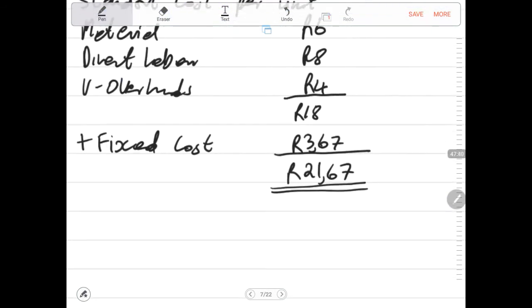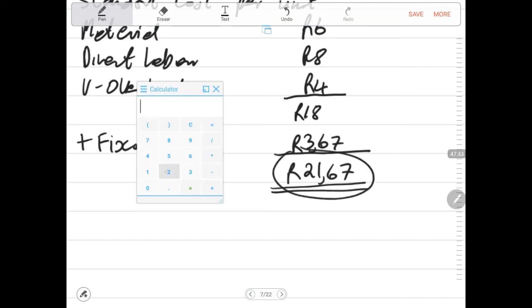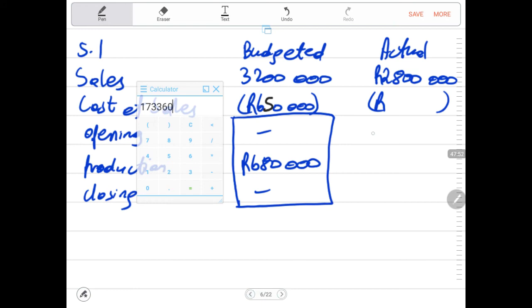So now that we have covered that, we have 21 rand 67 cents. Then we can say 21 rand 67 cents, multiply this by 8,000. This will give us the opening inventory for the actual at 173,360, and 21 rand 67 multiply this by 42,800, which is production.